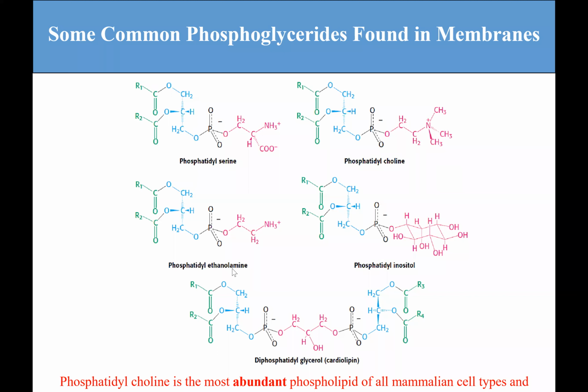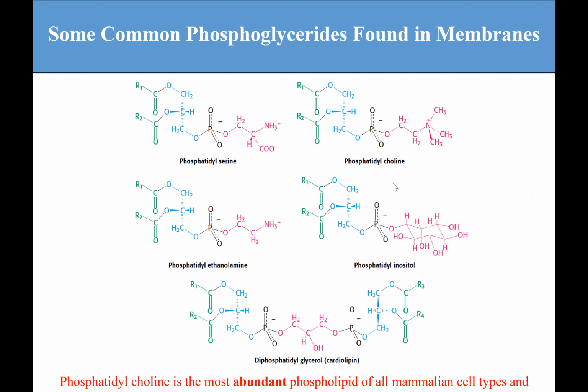Then we also have phosphatidylethanolamine and phosphatidylinositol because of the groups connected. And lastly, we have diphosphatidylglycerol. It's called diphosphatidyl because di means two. We can see two phosphate groups here and then a glycerol. The other name for this is cardiolipin.